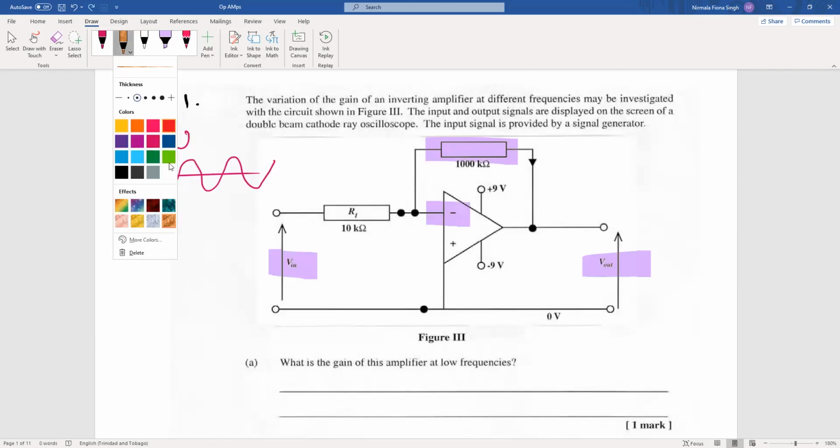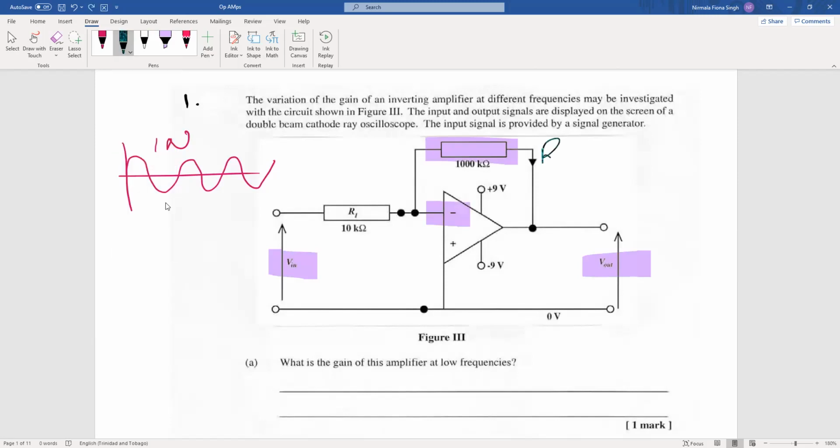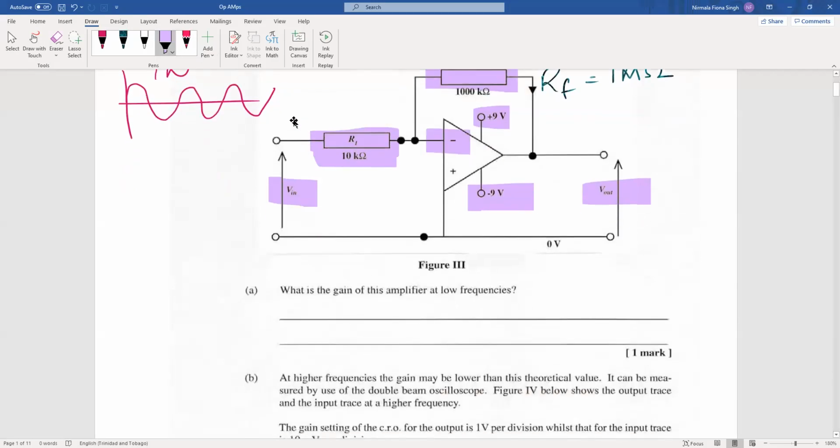All right, so feedback resistor here is RF, and RF is equal to 1,000 kilo ohms, which is basically 1 mega ohm. Well, here just have to compare your values. And if you look here, our input resistor is 10,000 ohms. Our source voltage is plus and minus 9 volts.